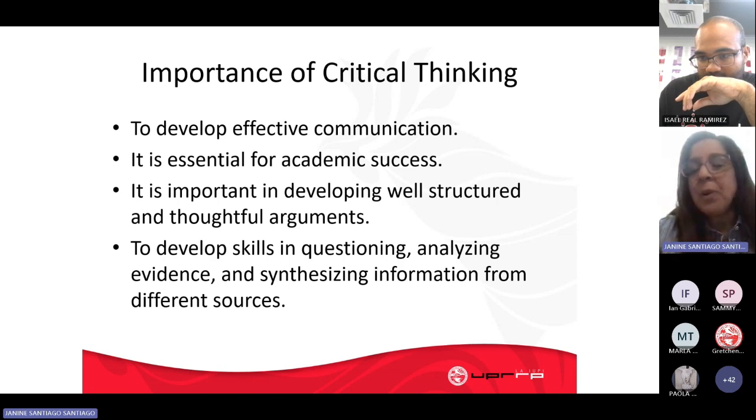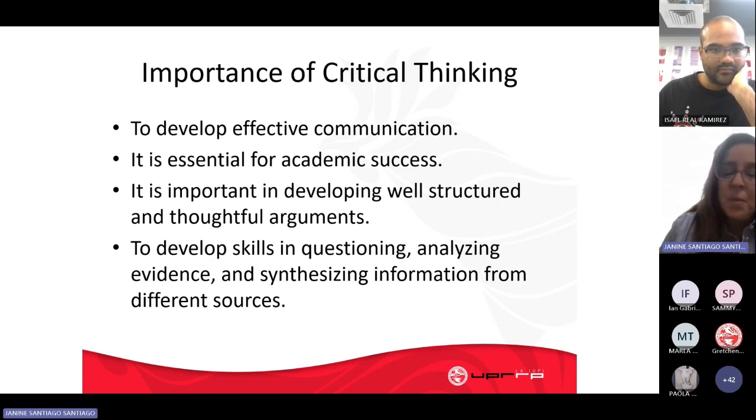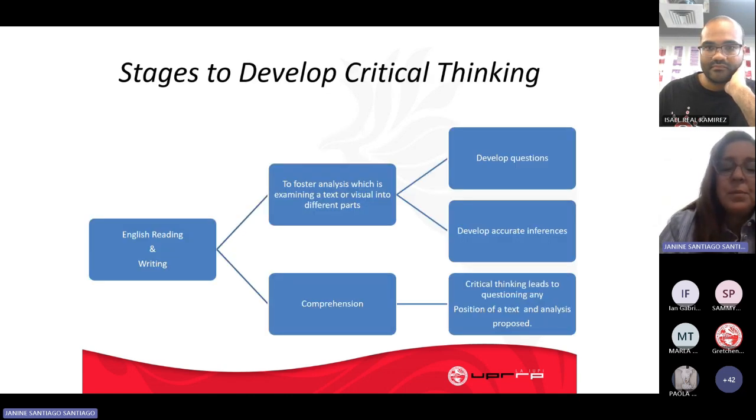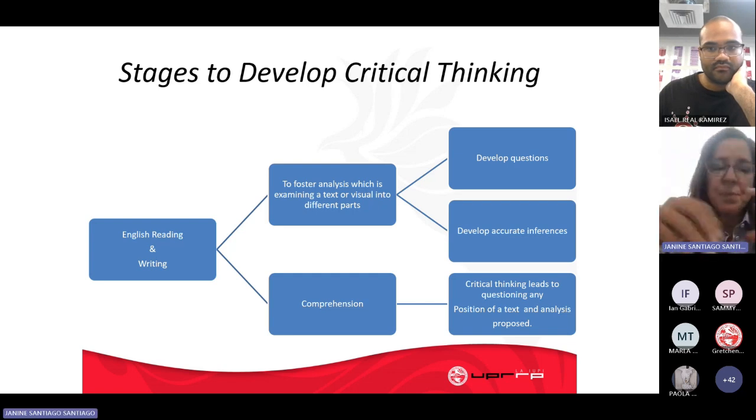And this is one of the processes that we are trying to accomplish at different levels in all our classes. Now I'm going to move you to a slide where I like to explain how I view the stages to develop critical thinking in the classroom.